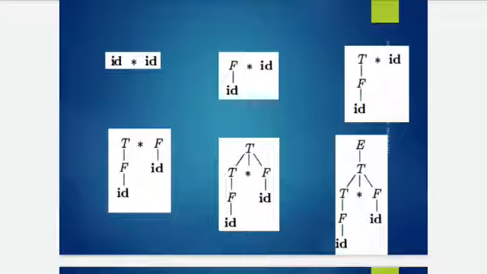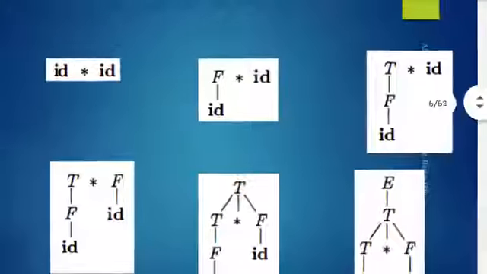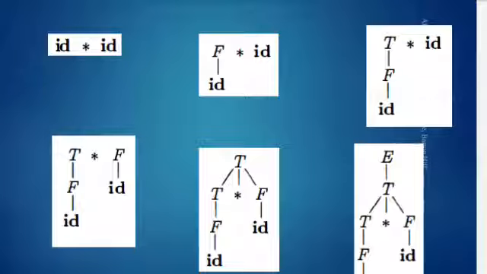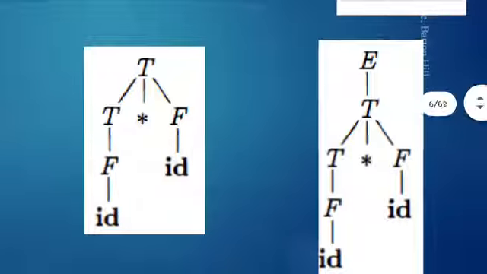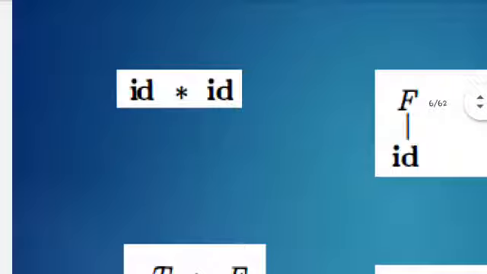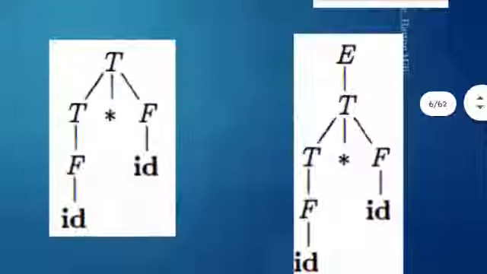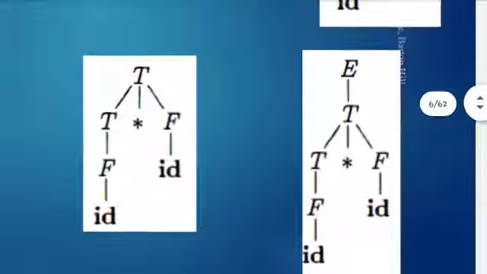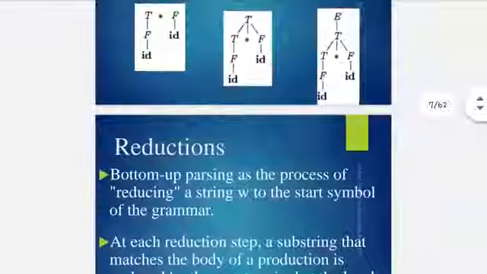Id reduces to F. Next, F reduces to T. Then id reduces to F. Then T star F reduces to T, and T reduces to E. So here, from the leaf nodes, that is id star id, using the different productions available, finally we reach our root node, that is capital E. In the next lecture we will discuss the reduction.